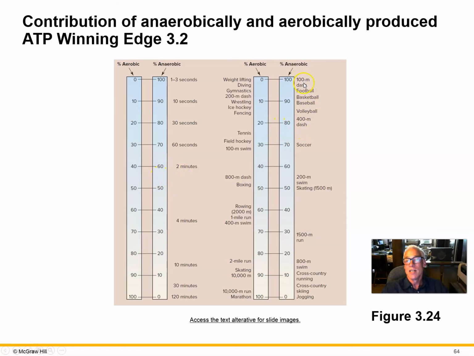So the higher the intensity of exercise, the greater the fraction of ATP that's produced by anaerobic respiration and fermentation. And as you go to lower and lower intensity exercise, the greater and greater fraction or percentage of ATP that's being produced by aerobic respiration using the mitochondria that we can do theoretically all day long. There's no actual limit to how long you can continue to do aerobic respiration producing ATP from your fuel molecules in the mitochondria.